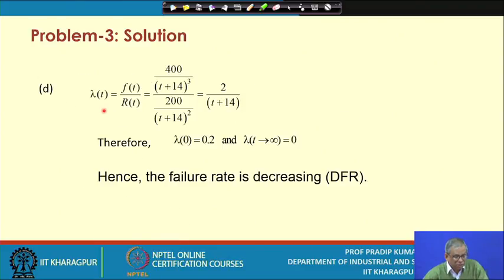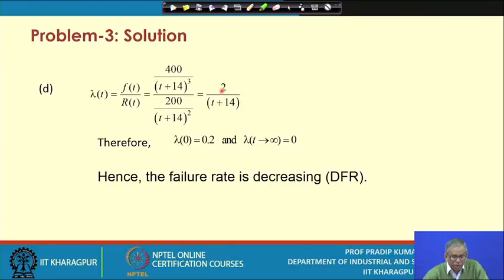The next one is the failure rate function, that is f(t) divided by R(t). That is the basic expression we have already derived in the previous lecture sessions. You refer to this expression, and you know the expression for f(t), and similarly R(t) you have already computed.